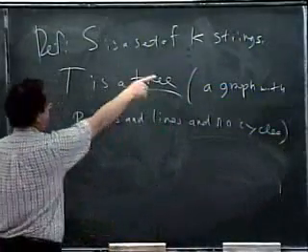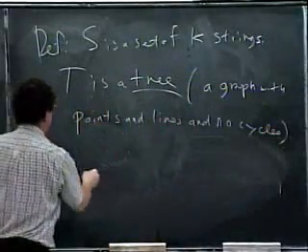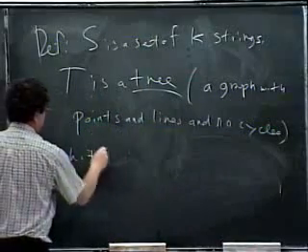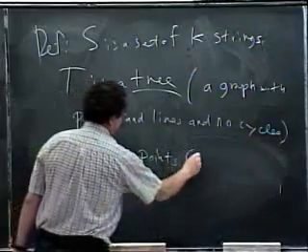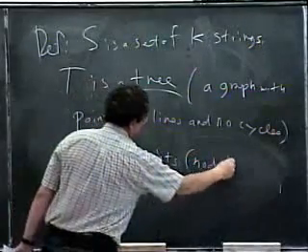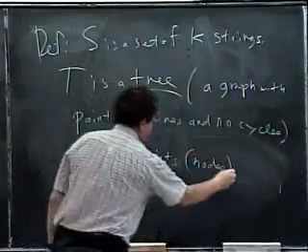So S is a set of K strings. T is a tree with K points. These are also called nodes. Okay?